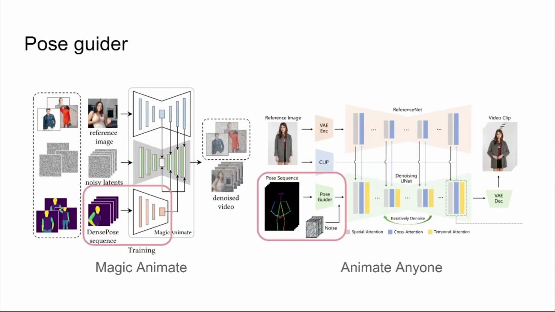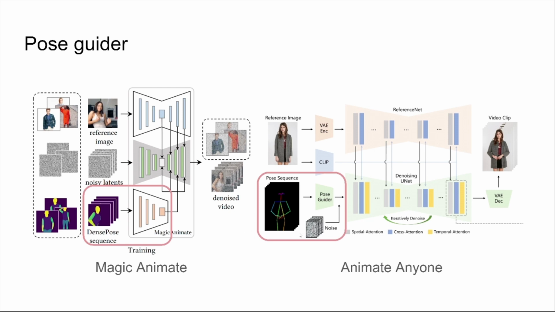And the final thing in this paper, Animate Anyone, is the pose guider. I mentioned the yellow network here and referred to it as the original stable diffusion network, but to say it correctly, it's not, at least in Animate Anyone.